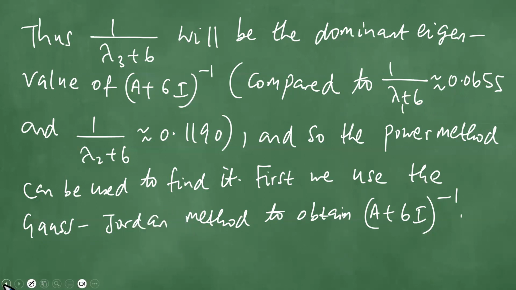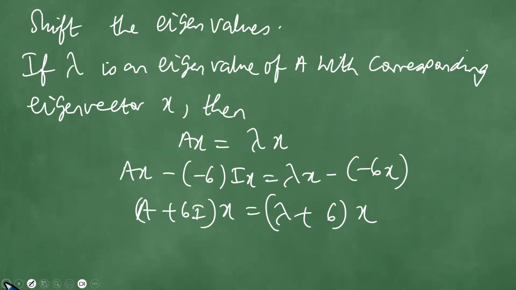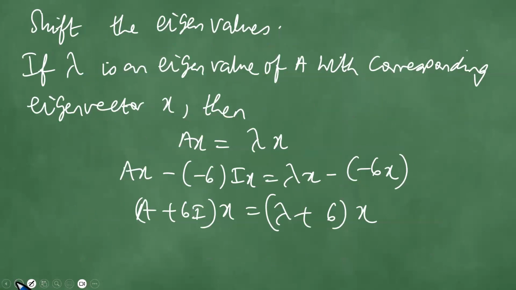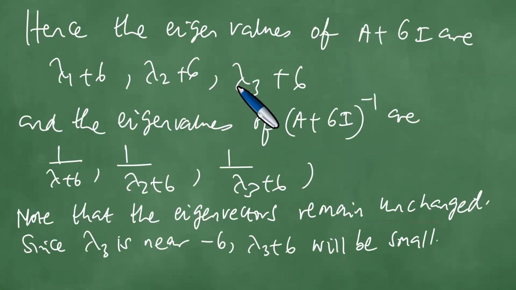I'm going to elaborate on the use of the Gerschgorin disks and the justification of the fact that the eigenvalue is closer to minus 6 using the Gerschgorin circles.